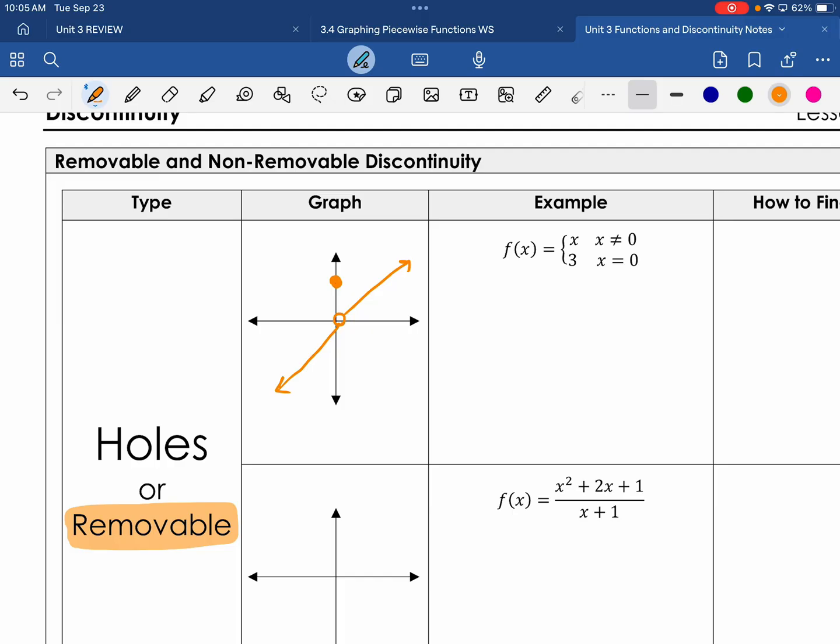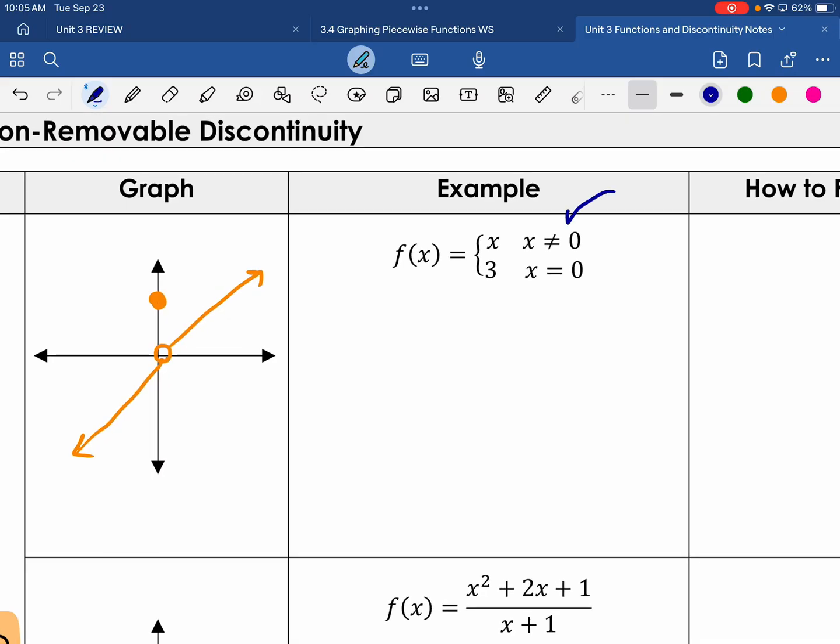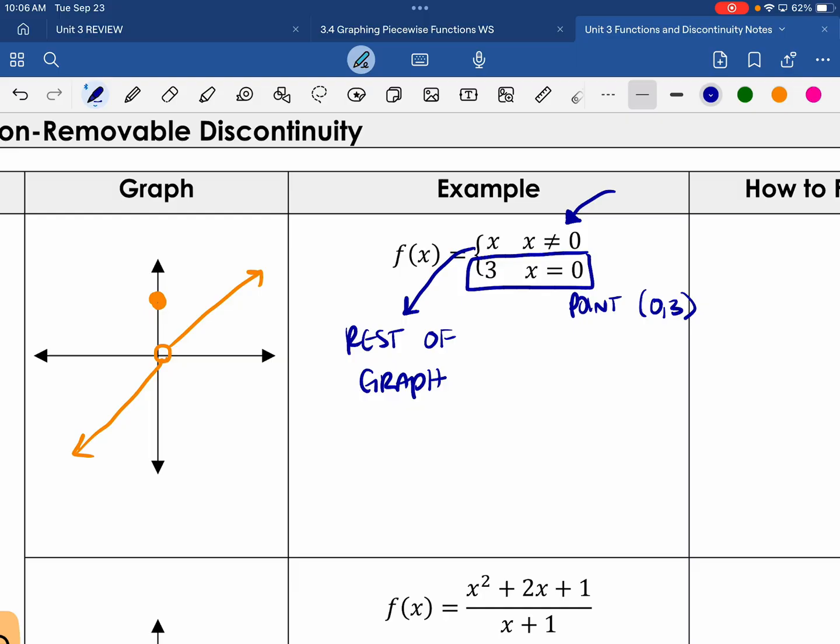So what you need to look for from a piecewise is this symbol right here, the cannot equal to. All right, because this is telling me that my point is at 0, 3. So a point is getting moved to 0, 3, but the rest of the graph is going to be y equals x.